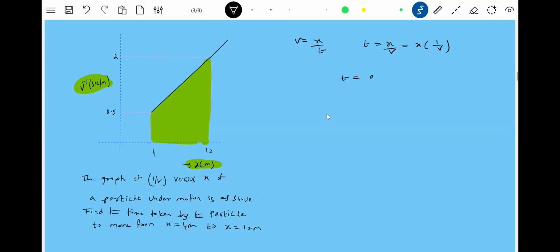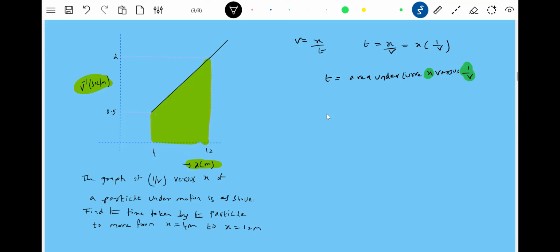It should be the area under the curve in the x versus 1 by v graph.